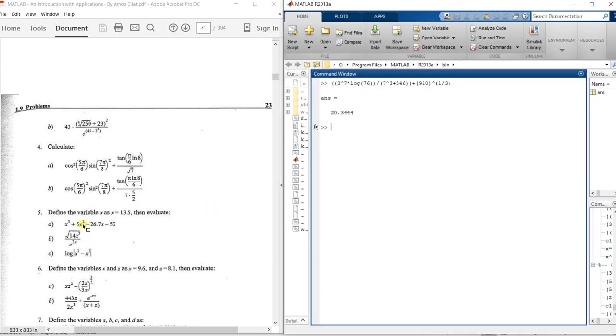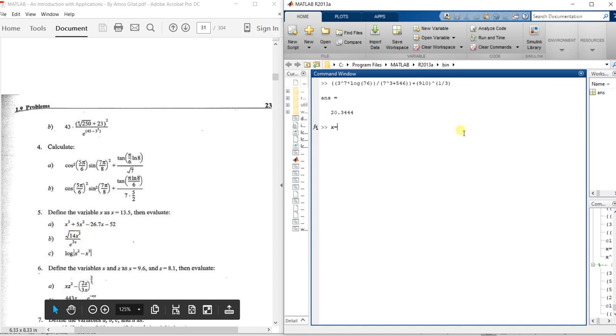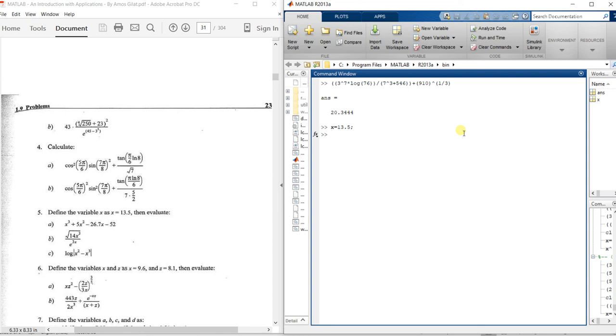The variable is already given: x is equal to 13.5. Having the x value, we do not need to display it, so we end with a semicolon. Now we are going to find the answer for this equation. What is the equation? X power 3 plus 5x square.